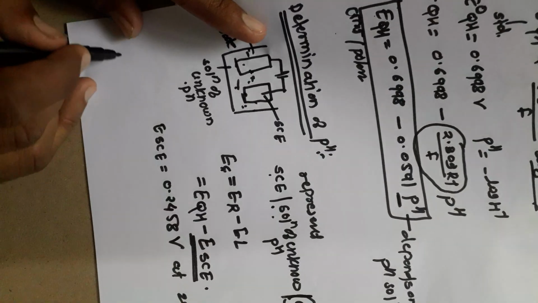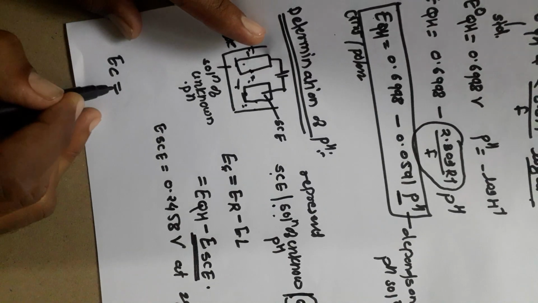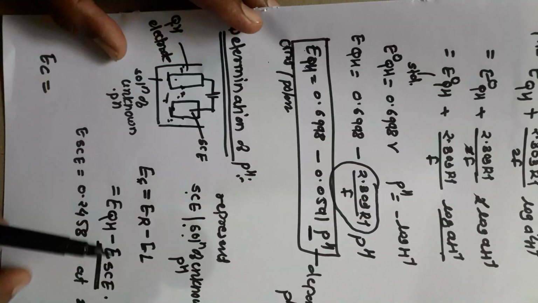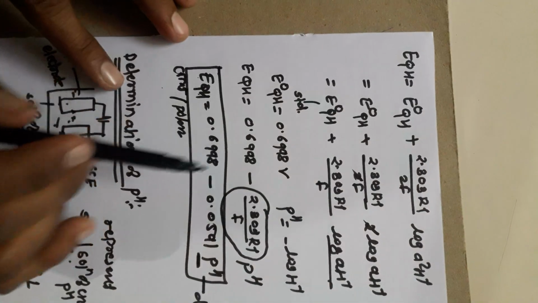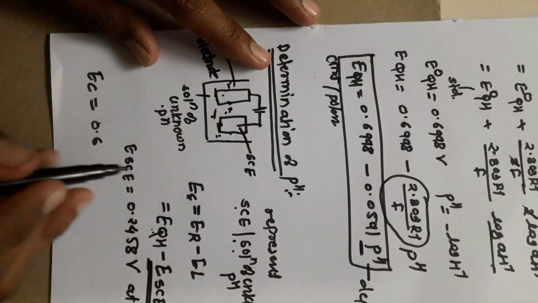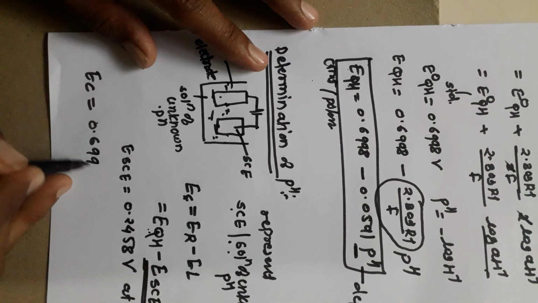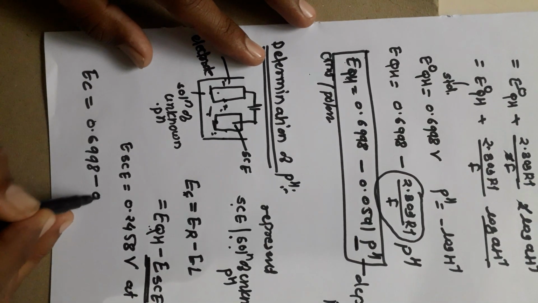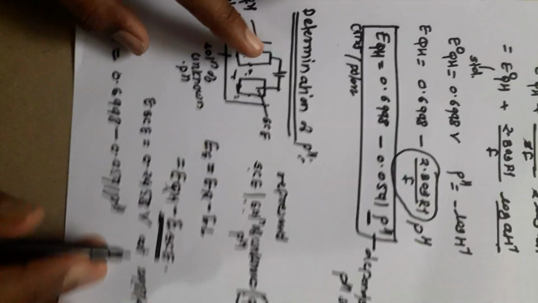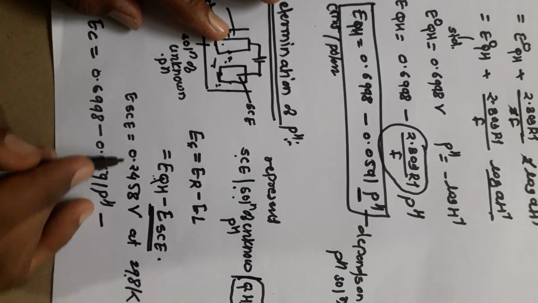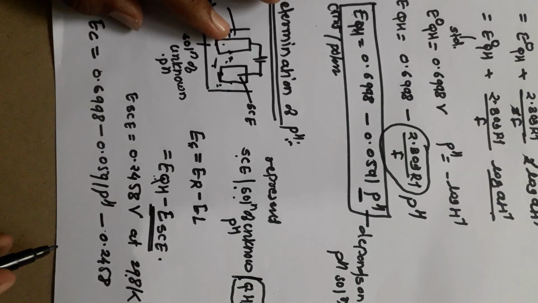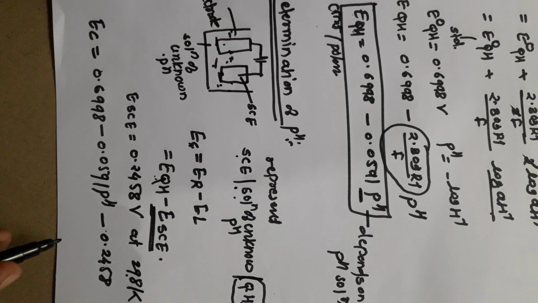See, E cell is equal to E quinhydrone electrode, already calculated here. Put this value: 0.6998 minus 0.0591 pH, minus E saturated, which is 0.2458.